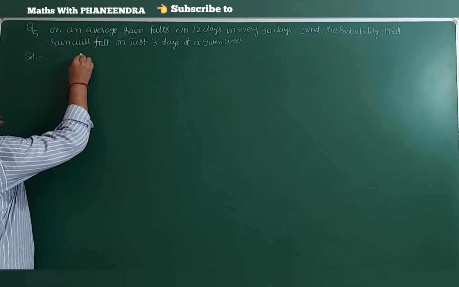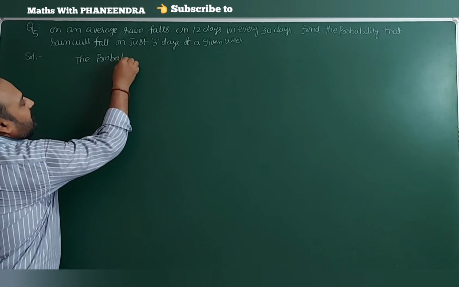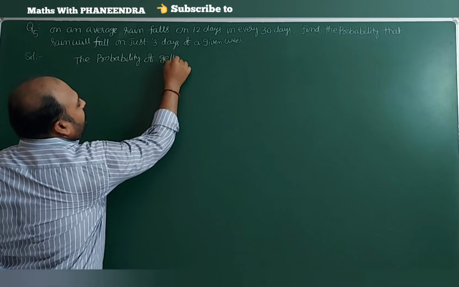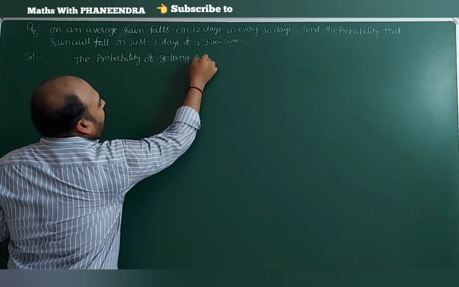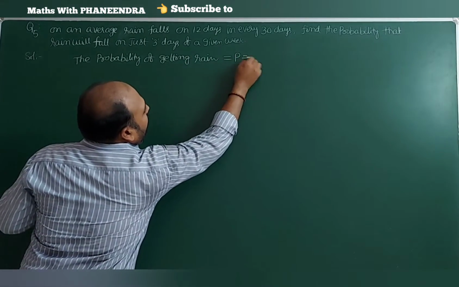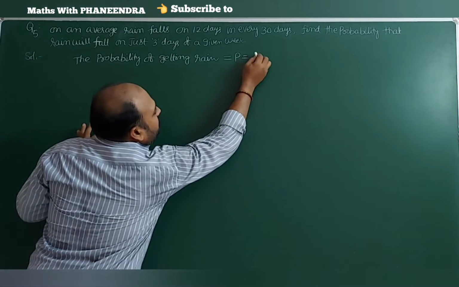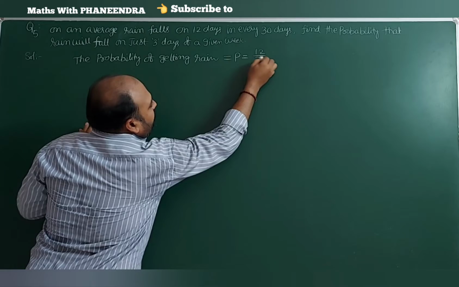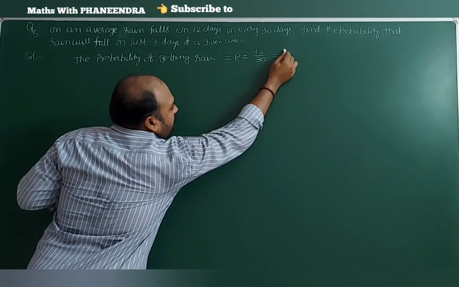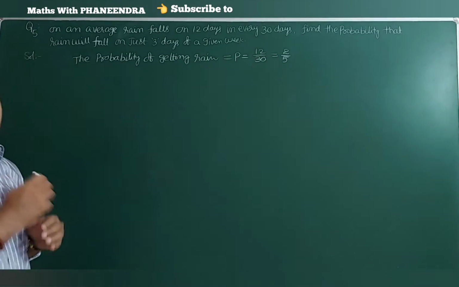So the probability of getting rain, that is equal to p I am taking. Out of 30 days, 12 days will be rainy. So 12 by 30, which is equal to, 6 twos are 12, 6 fives are 30, so 2 by 5.